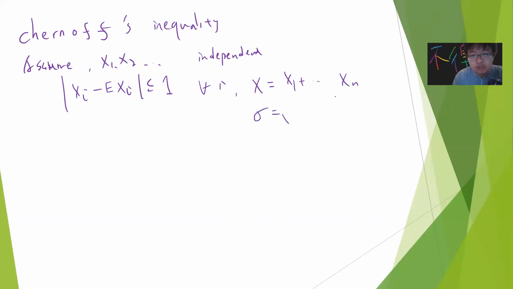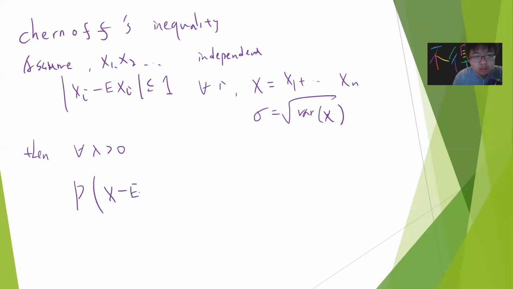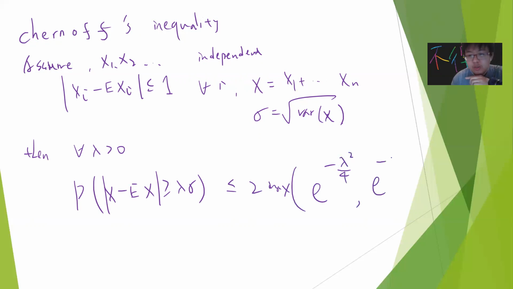You define sigma squared to be the variance of X. Then for all lambda greater than 0, the probability that X minus E of X is greater than lambda sigma is less than or equal to 2 times the max of exponential minus lambda squared over 4, and exponential of minus lambda sigma over 2. So this is the Chernoff inequality, one example of a Chernoff inequality.